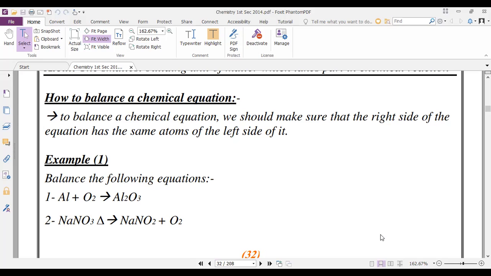Al plus O2 producing Al2O3. So how can we make this equation balanced? Exchange of valency. Yes. So please, Mariam.